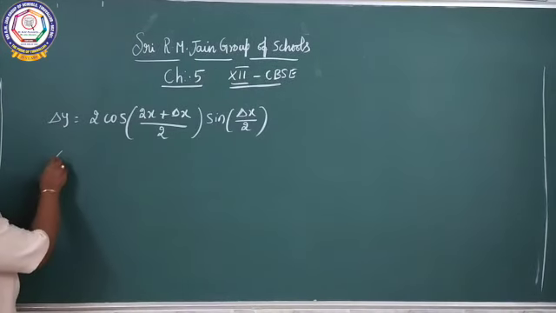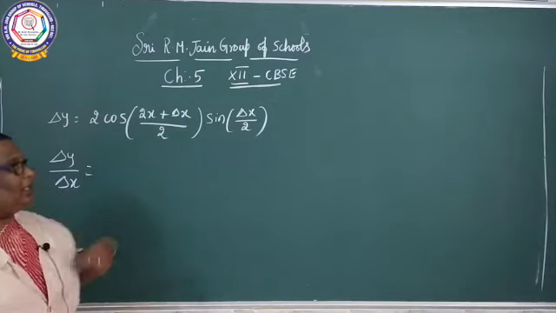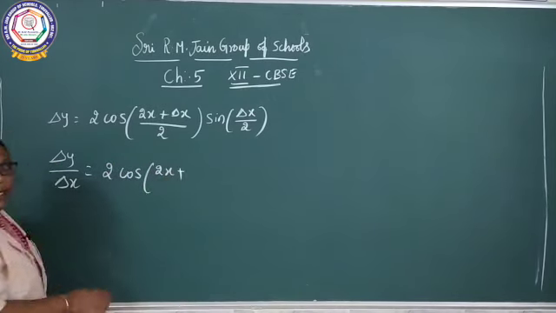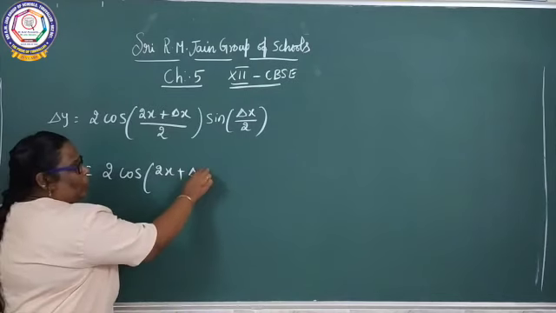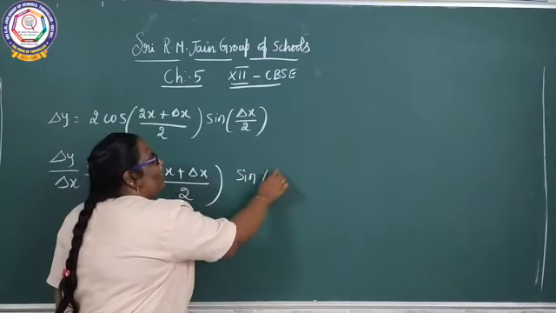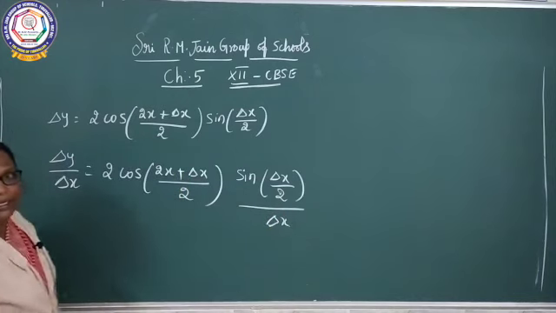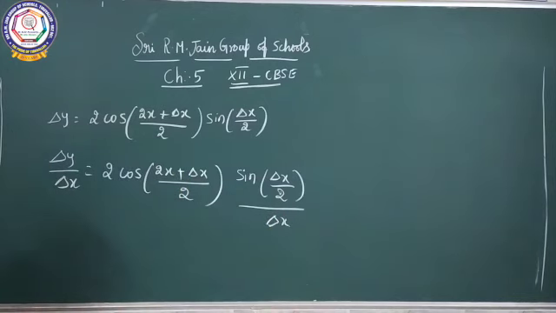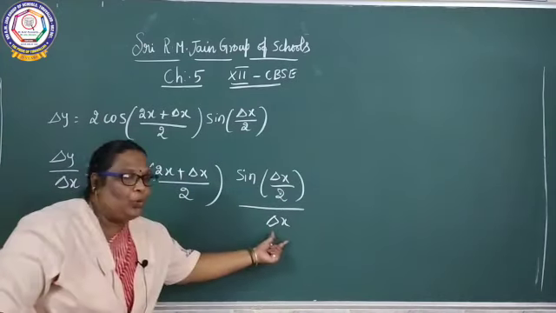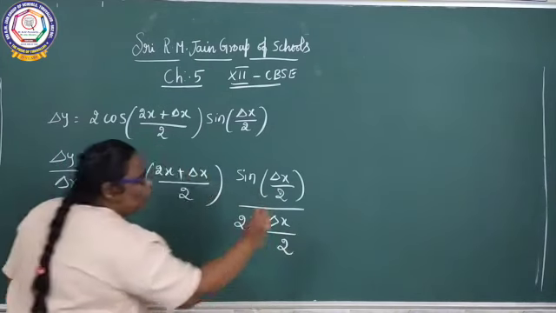So delta y by delta x equal to, since it is a multiplication, 2 cos of (2x plus delta x) by 2 into sine of delta x by 2, divided by delta x. Here the 2 under delta x is missing, so I will multiply and divide by 2.